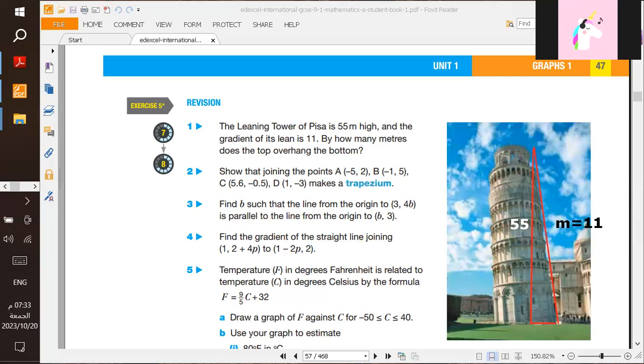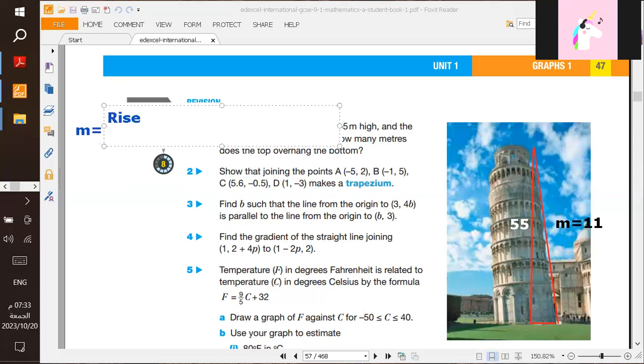The height is 55. We are looking for the run, which is here. So what do we say? We say gradient or M equals rise over run. Same idea. So gradient M equals rise over run. This is the equation or the formula that we're going to use.